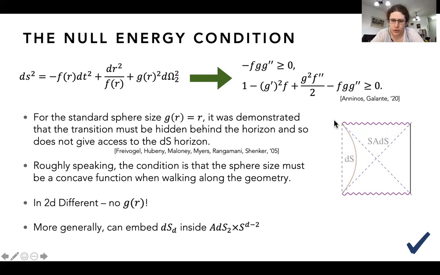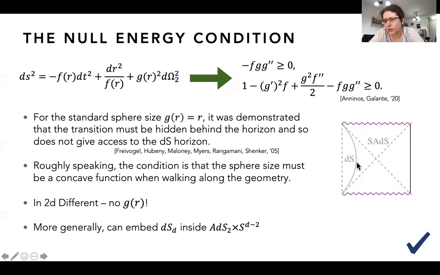So the type of geometry that people were able to build that do obey these conditions and have a size of the sphere which is proportional to r had usually one boundary and a sitter horizon, but that is not a sitter chunk that is hidden behind the Schwarzschild horizon.